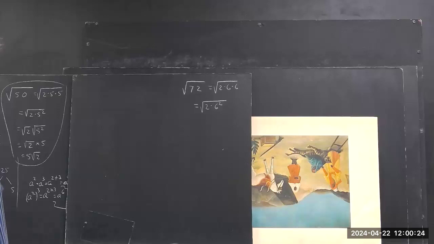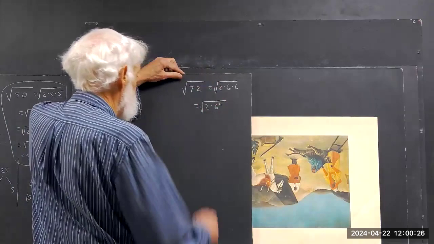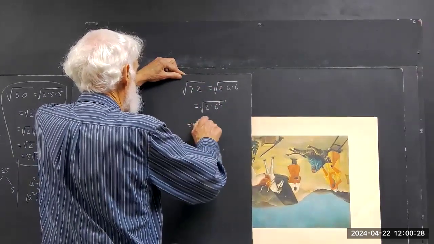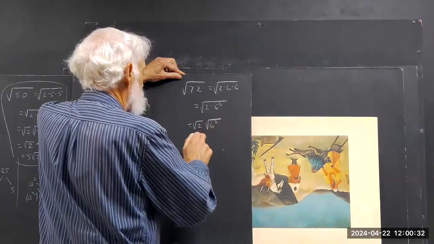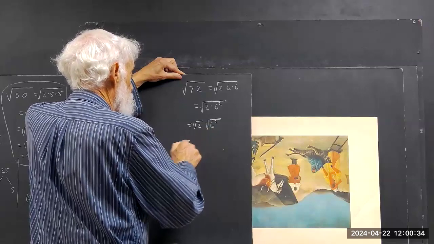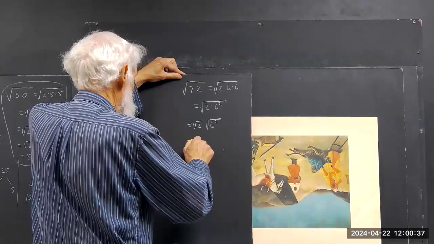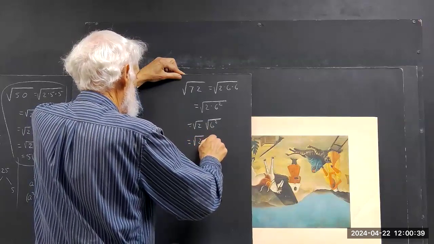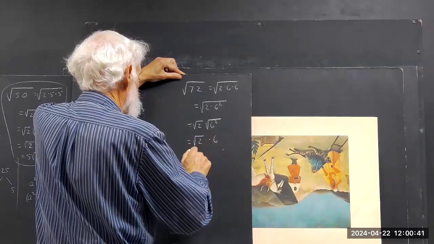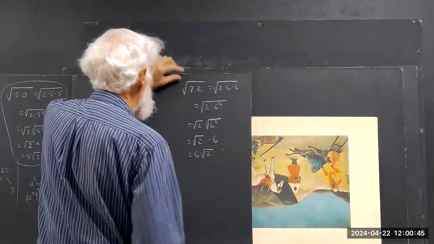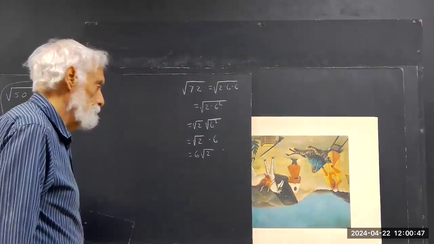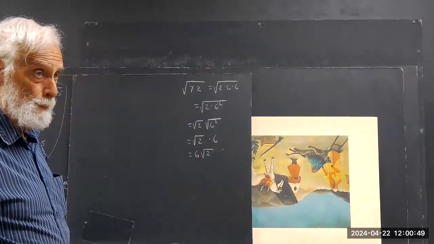So the square root of 2 times 6 squared is 2 times the square root of 6 squared, which is the square root of 2 times 6, which we're going to usually write in the reverse of that order. Okay?